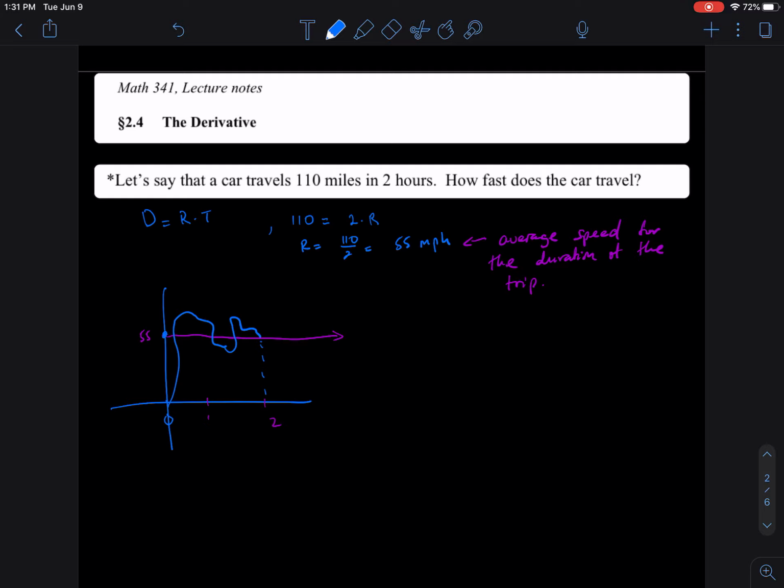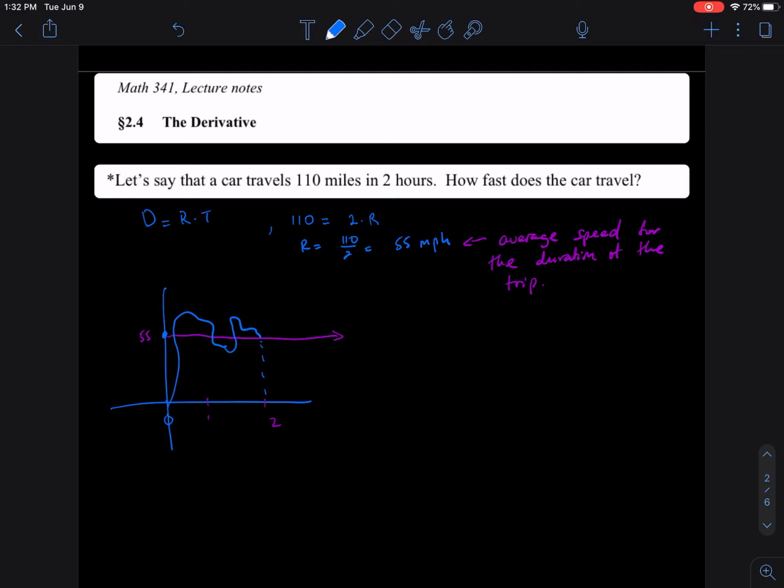Usually we tell people the average speed. But imagine you're driving to Tahoe, which is about 2 hours, and you're trying to figure out how fast you're going. At that moment, you look at your speedometer, and it tells you how fast you're going at that exact moment. That speed is not the average speed. That speed is the moment speed, or the instantaneous speed.